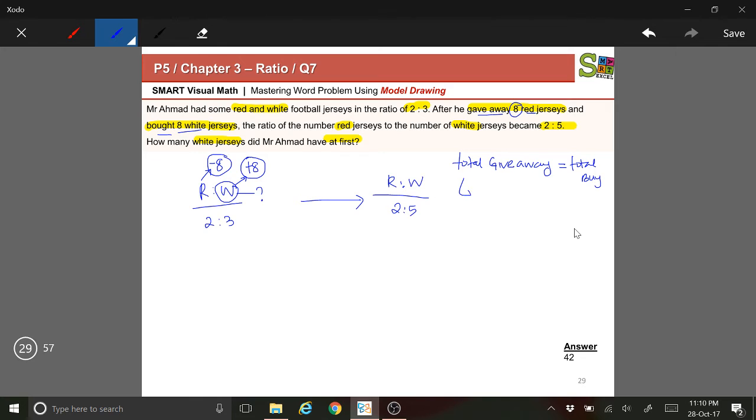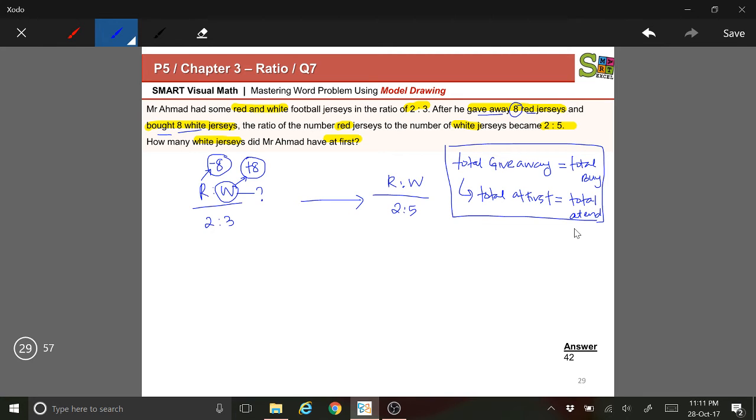From this, we can therefore also say the total at first is equal to the total in the end. These are two pieces of information we can gather from the question.